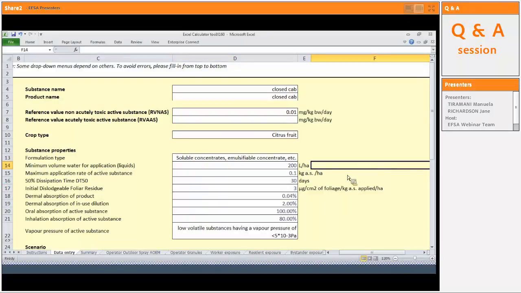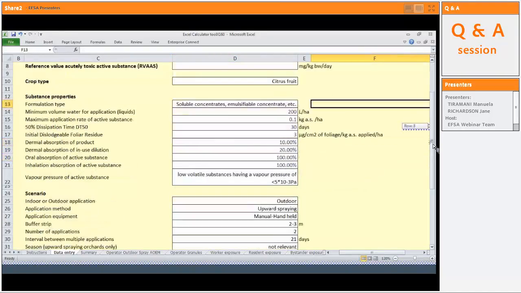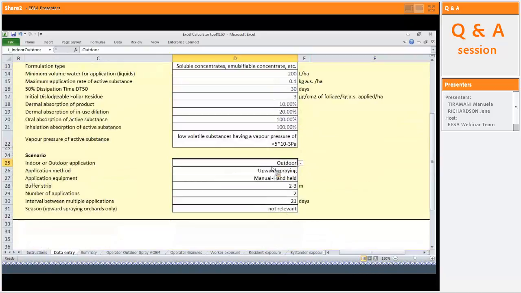I put the defaults back to their original values and put 10 and 20 for the dermal exposure. Put that one back to the default. And here we're going to look at outdoor spraying, upward spraying, and we're going to look at vehicle mounted, because obviously the closed cab option is only applicable when we're looking at a vehicle mounted scenario, and we'll go back to just one application.